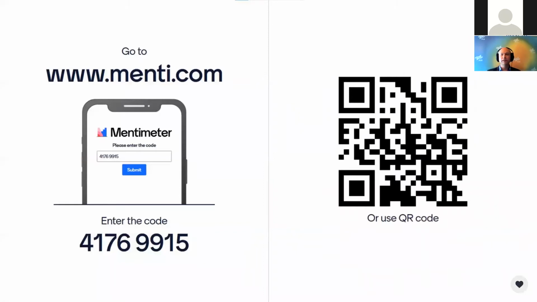Raul, do you explain again the Mentimeter? Okay, so it's the same as the other time. Can you hear me and see my screen? I can hear you. Yeah, okay, so you just have to open a new window in the Internet Explorer that you are using, or just use the QR code with your phone. You can join menti.com using this code or just the QR.